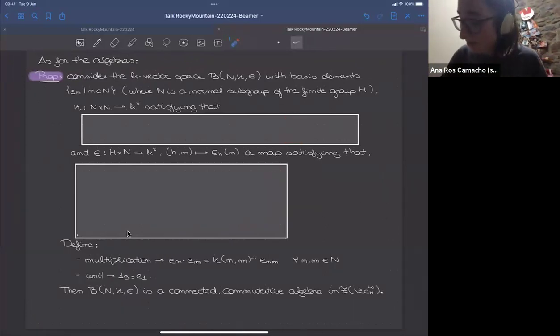But for the algebras, please first consider the K-vector space B. This has elements En, where N is a normal subgroup of H, the subgroup.